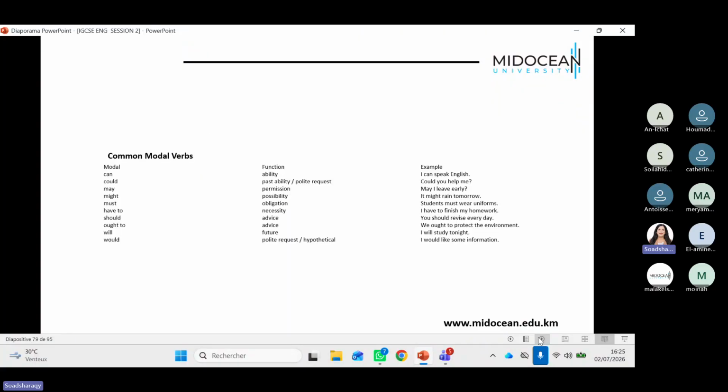Common modal verbs. You have can, which expresses ability. For example, I can speak English. Could, past ability or polite request, like could you help me? May expresses permission. For example, may I leave early? Might expresses possibility. For example, it might rain tomorrow.